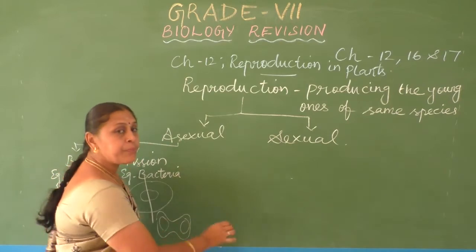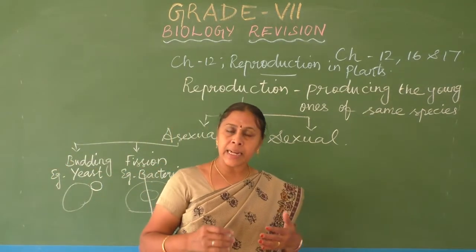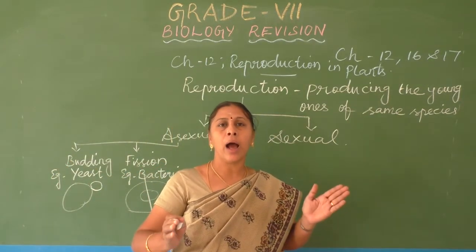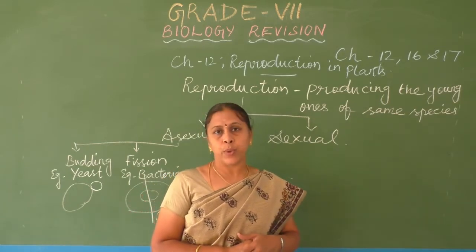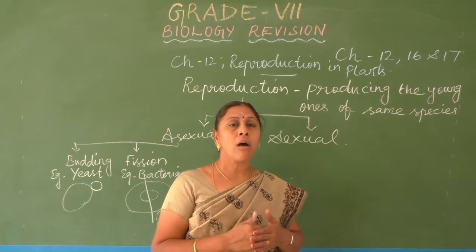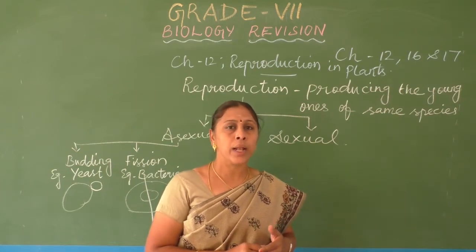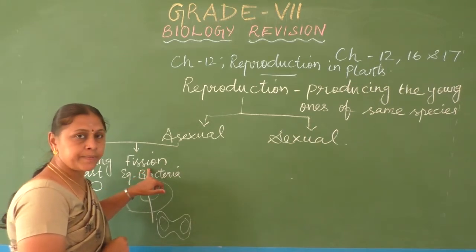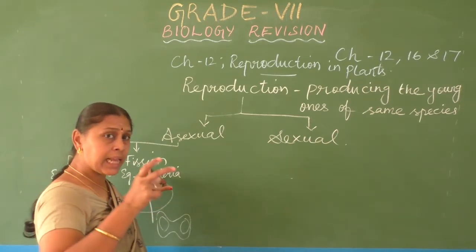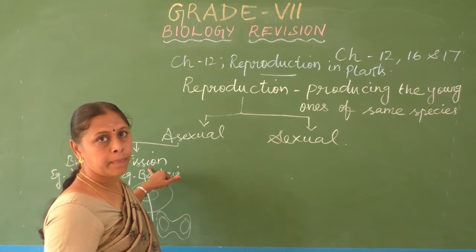All the cellular materials also will divide into two equal halves, and they start to grow as a new individual. So this process of developing an individual in this method is called fission, division of a cell into two.